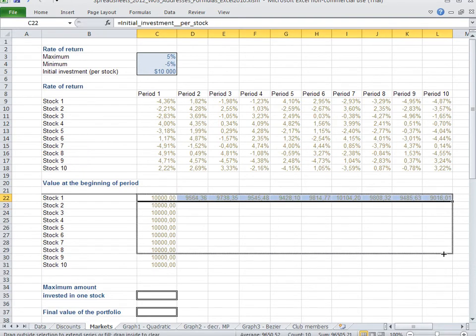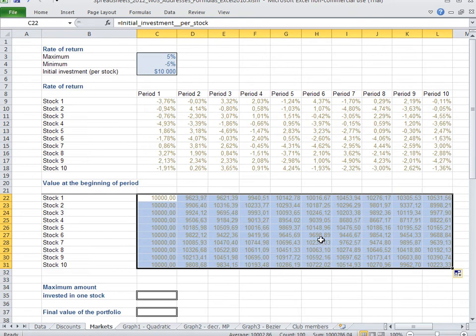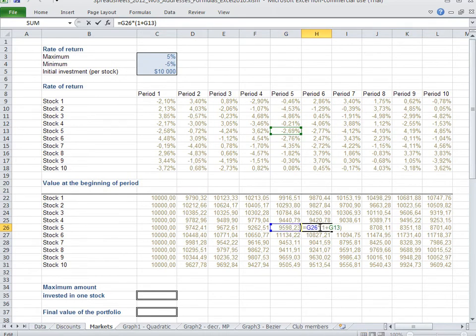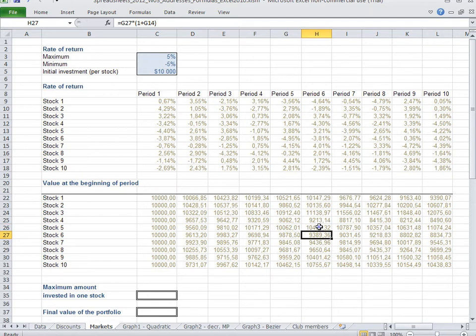Here it is. And now we can take any stock and check it. For instance, stock 5, period 6 takes the previous period's price, and from the upper table it takes stock 5's fifth period change, applies it, and gets the 6th period's beginning price. So that's how it all works just fine.